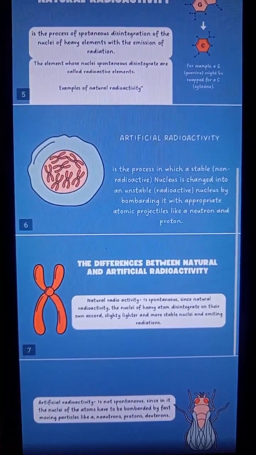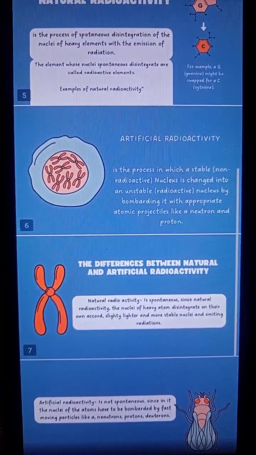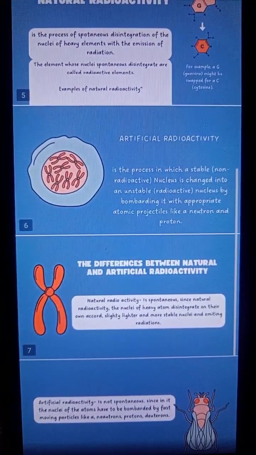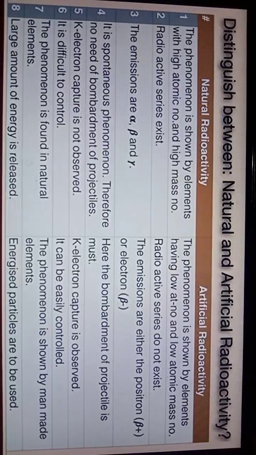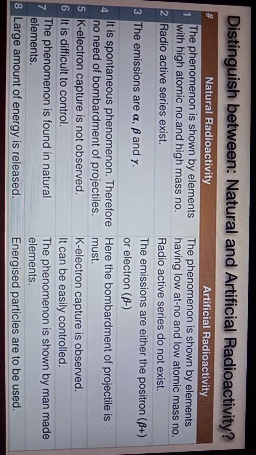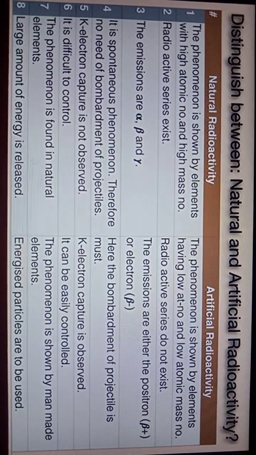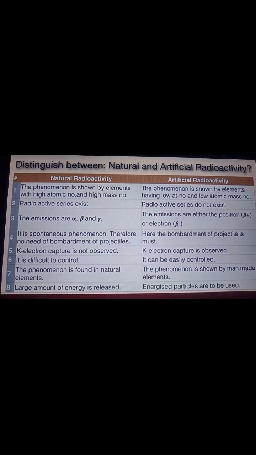And now we are going to differentiate natural radioactivity and artificial radioactivity.